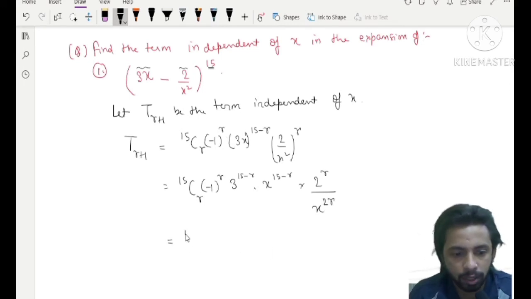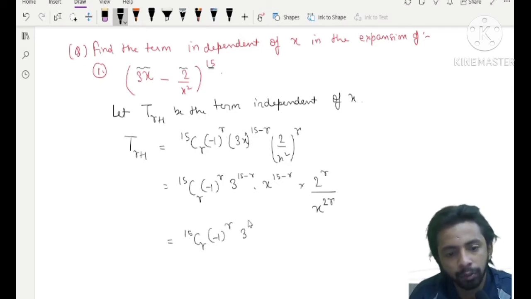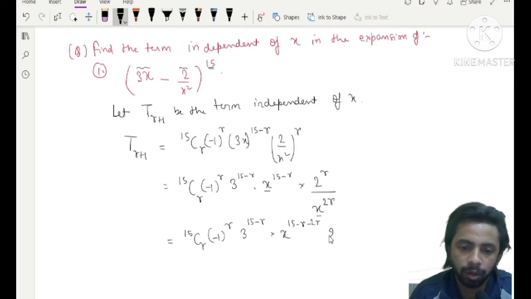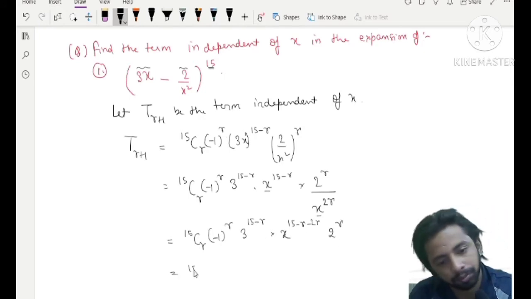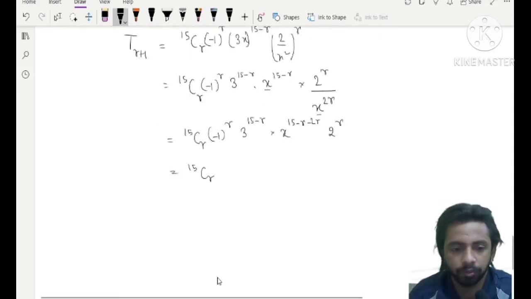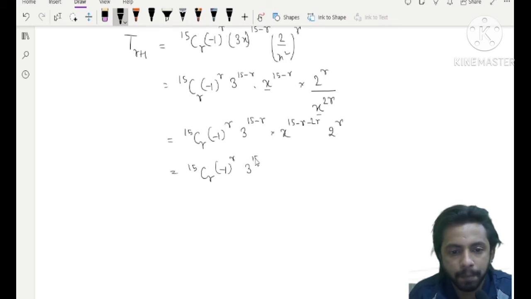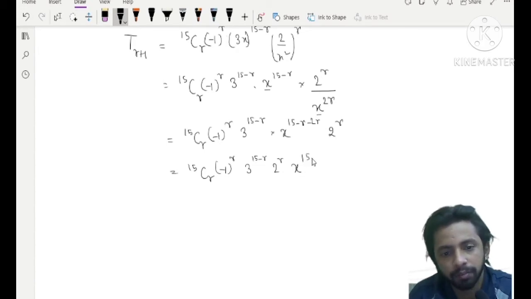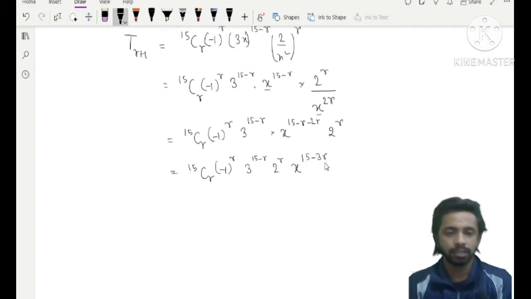This is equal to 15Cr (-1)^r 3^(15-r) into, here we have the two bases equal, so we can take the difference of the powers, x to the power 15 minus r minus 2r, and 2 to the power r is also there. And this is x to the power 15 minus 3r. This is the entire thing.